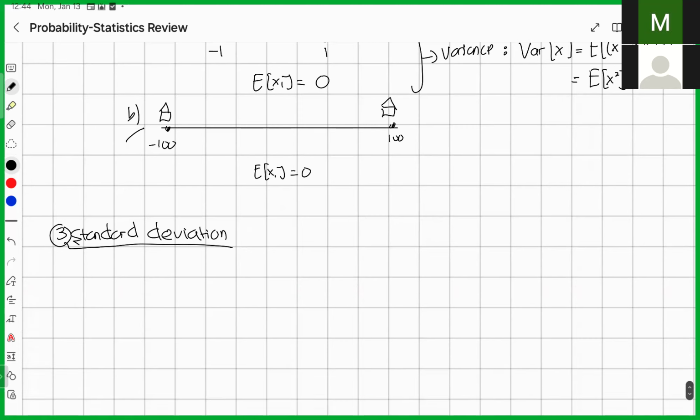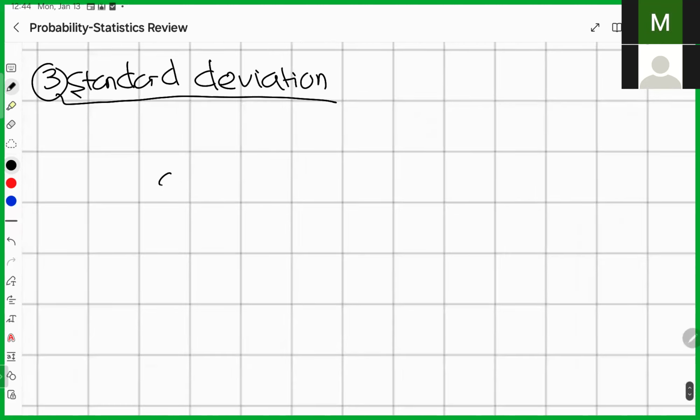So basically, standard deviation gives us the square root of the variance, because we really want to eliminate the power of 2, since if we square the units, it will give us an issue in the statistics.